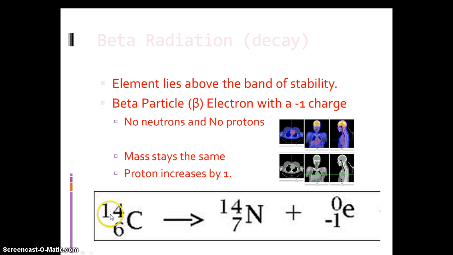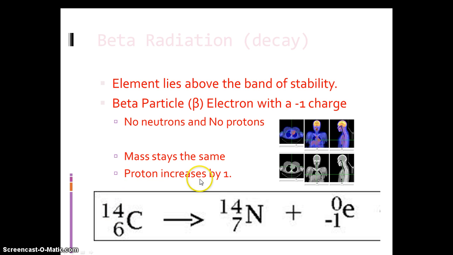And here's what happens. So we start with carbon. This is an isotope of carbon. It's a little bit heavier than what you see on the periodic table. Carbon is typically 12, and this isotope has 2 extra neutrons, so its mass number is 14. When we do beta decay, all you have to know is, since this beta particle doesn't have a mass, the mass of my element here won't really change.